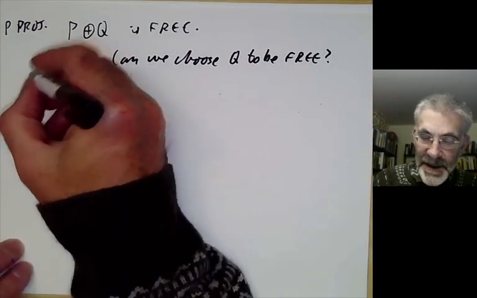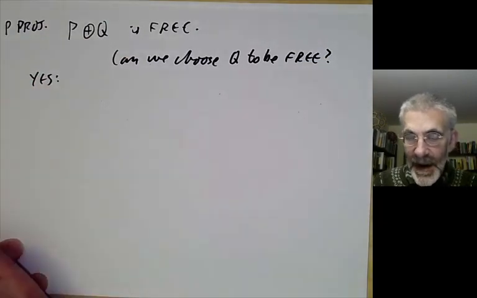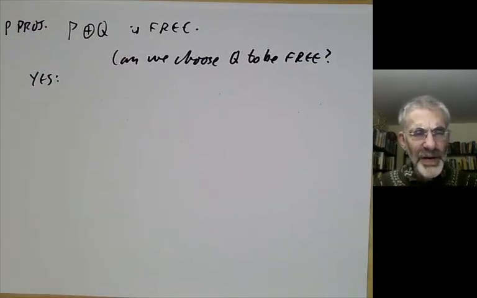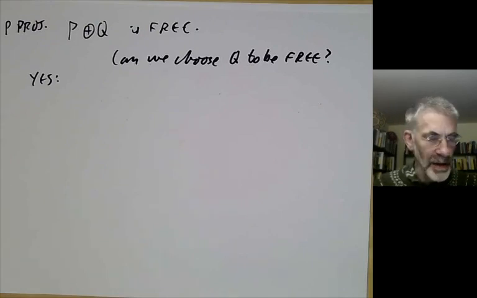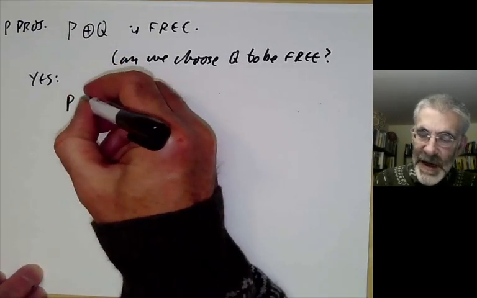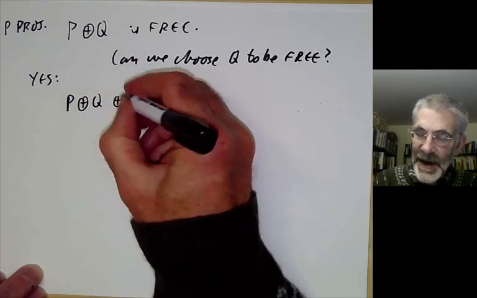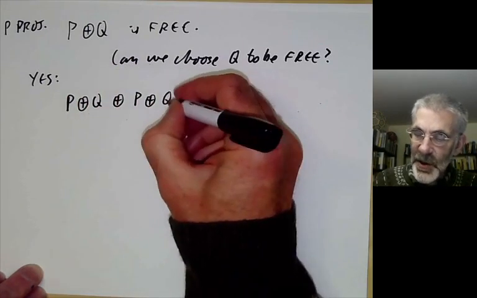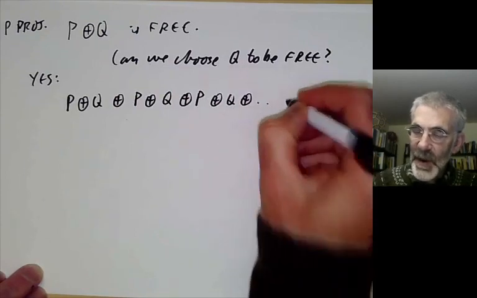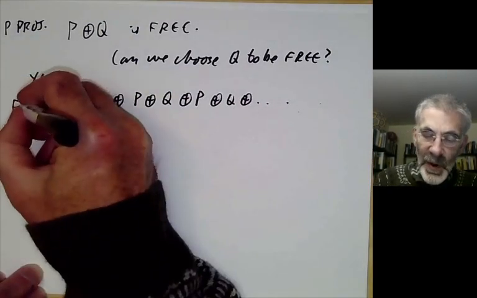The answer is yes. The proof is a very neat proof known as the Eilenberg swindle. We take the module P plus Q, which is free, and add it to P, and add it to Q, and then add P, and then add Q, and we keep going. And this is a free module.